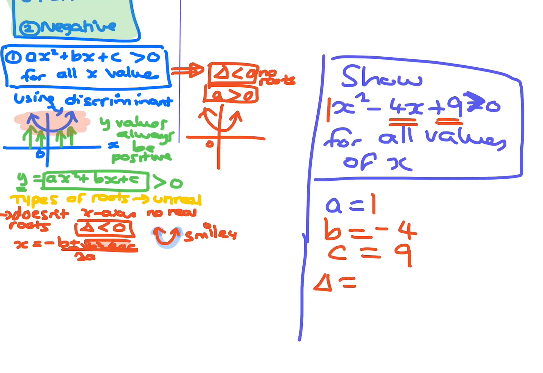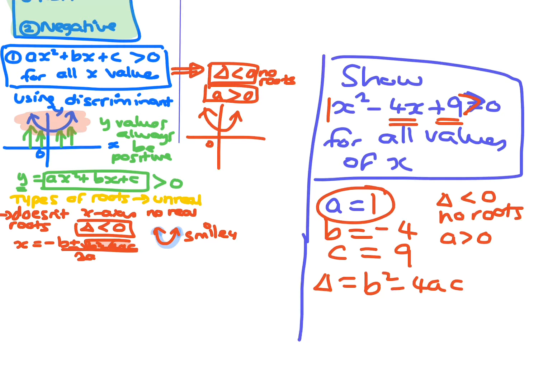So the discriminant is equal to b squared minus 4ac. Now, for it to always be greater than 0, the discriminant would have to be less than 0, because then this would be a parabola that has no roots, and the a would have to be positive. So already, the a is greater than 0, so that box is ticked.